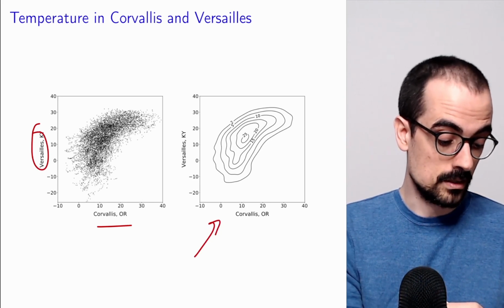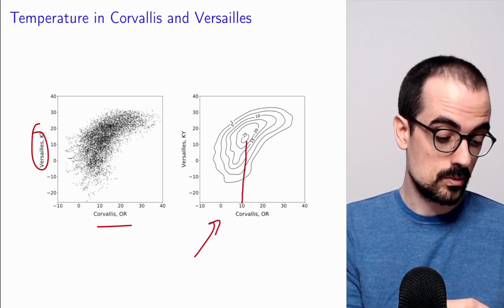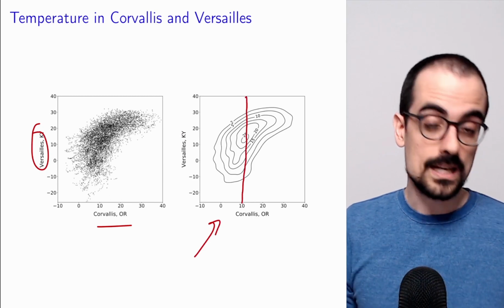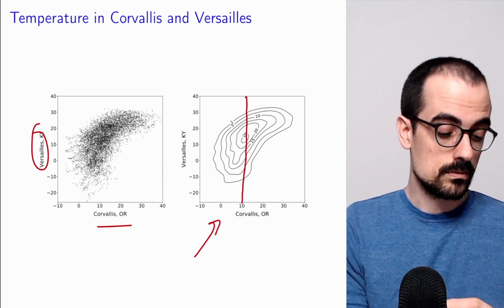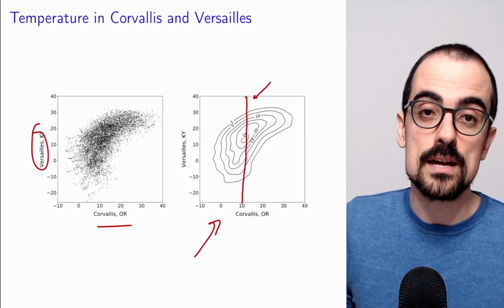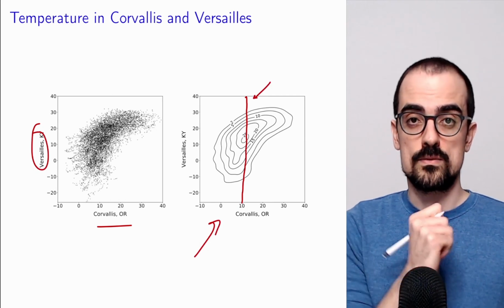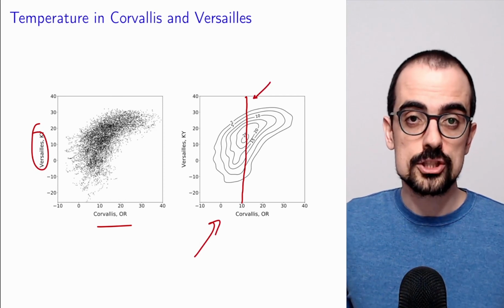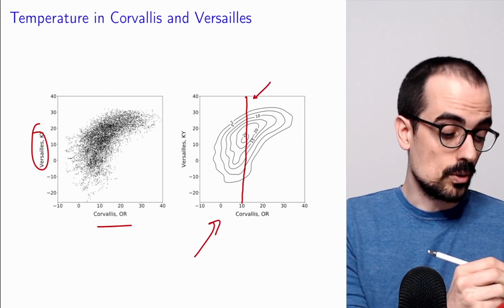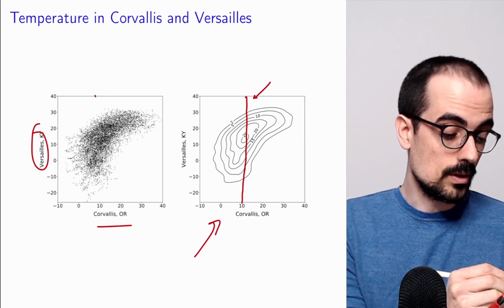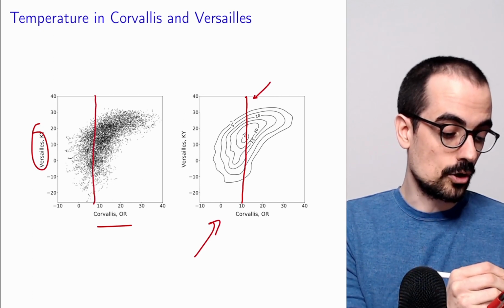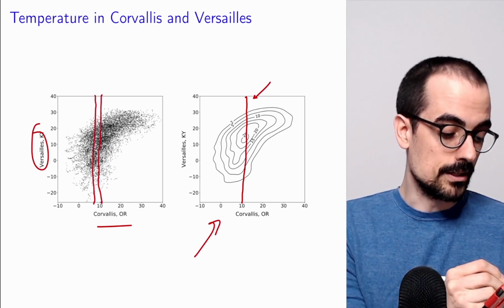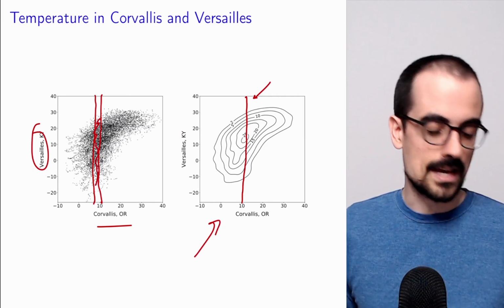For example, if in Corvallis there's 10 degrees, you would compute the conditional PDF at Corvallis from the joint PDF and then just integrate to find the conditional mean function. Alternatively, as we saw in the video on conditional mean function, you can just take a slice here that is close to 10 and average the temperature in Versailles for those points.